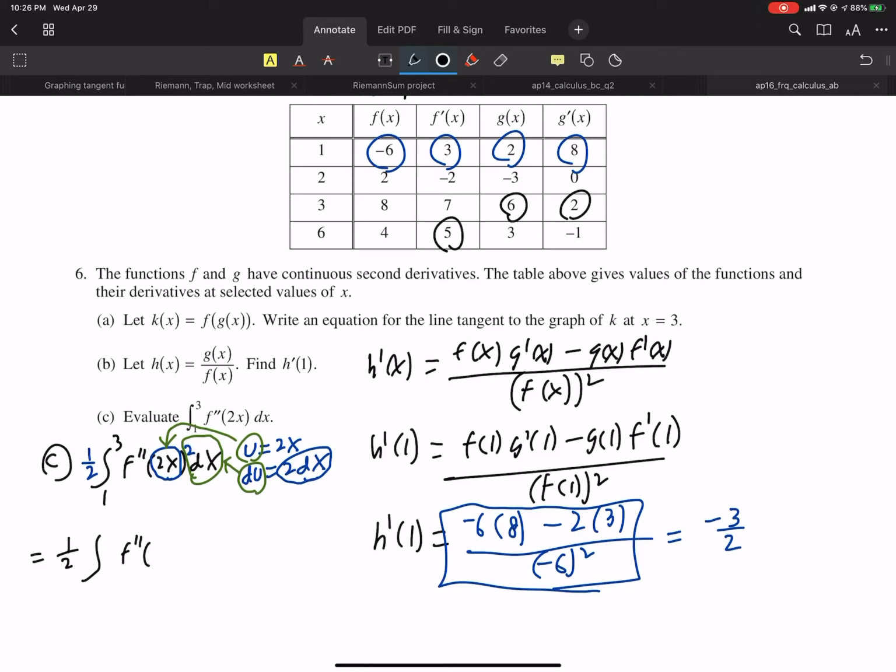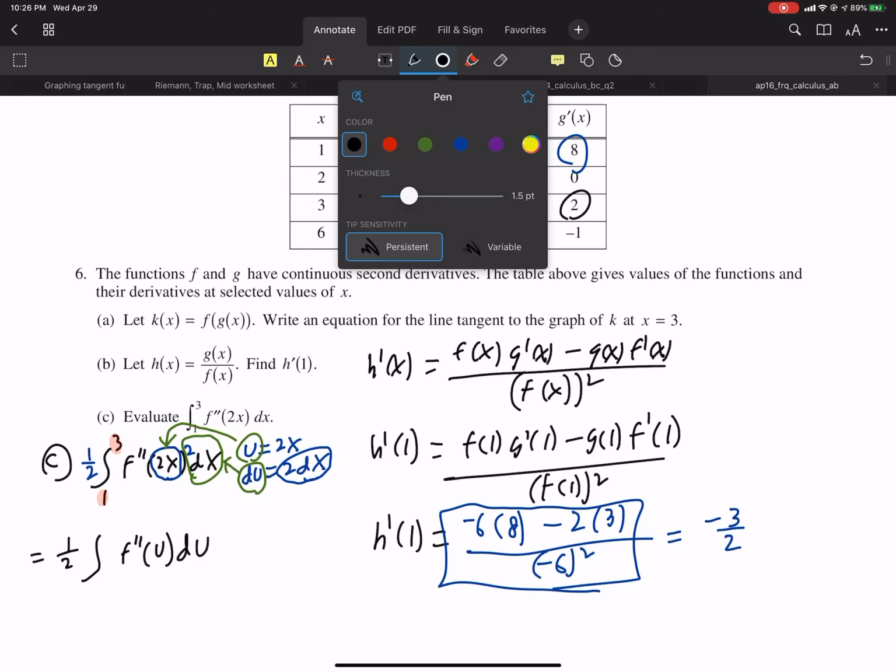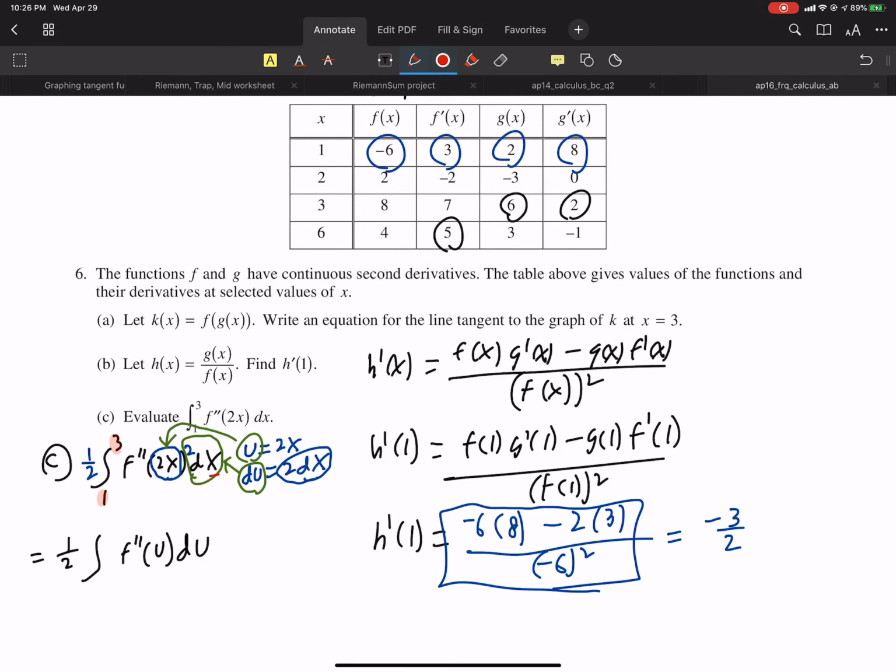It's going to be f double prime of u du, but here is where you need to be careful. This value here and that value there, those are x's. See, our variable's x, but here the variables are u. We have to convert them to u's.